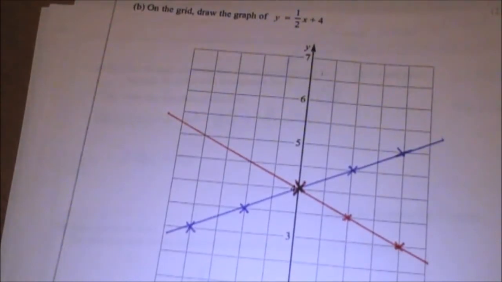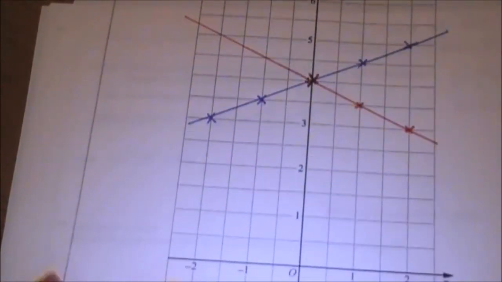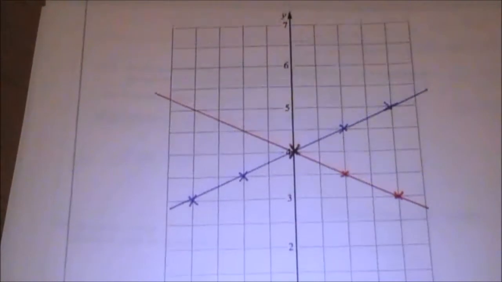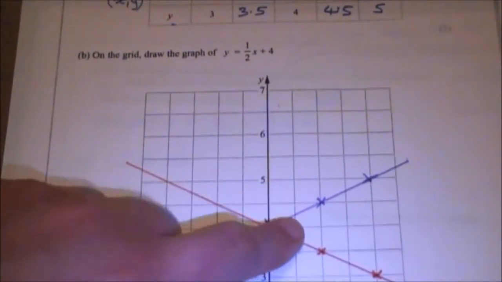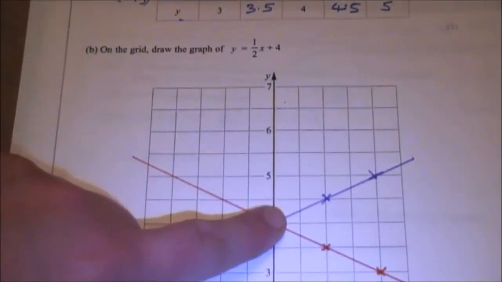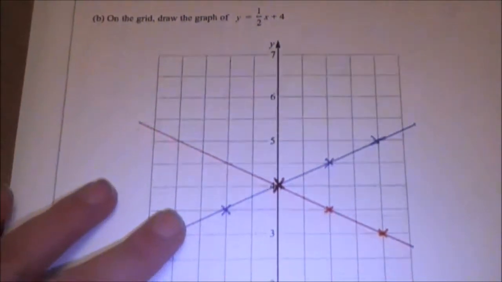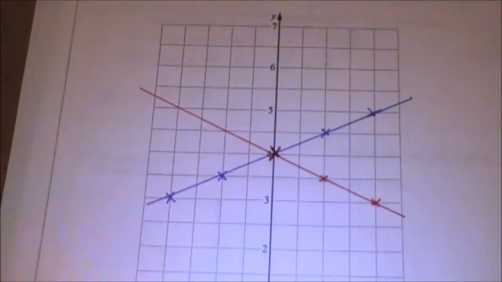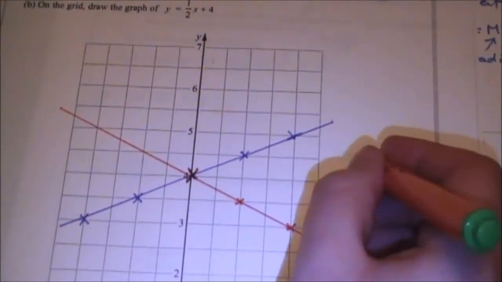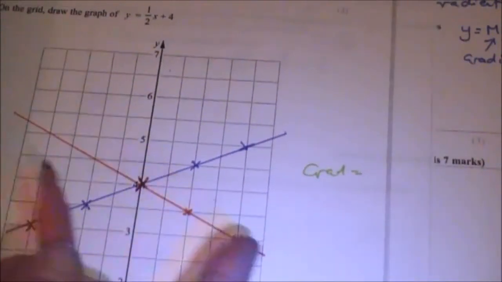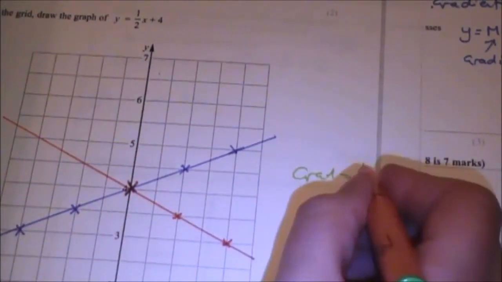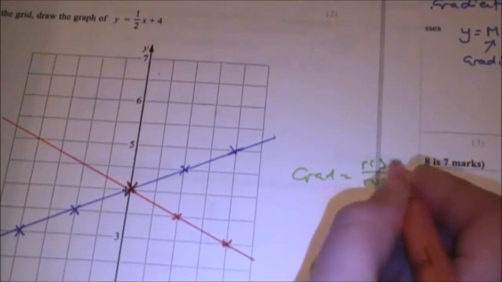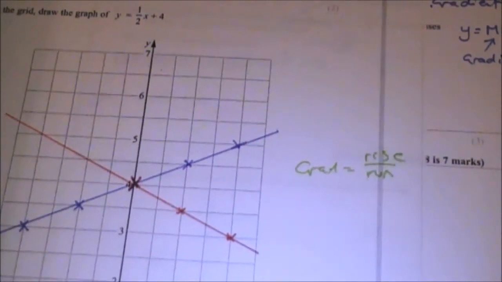Now the whole reason that doesn't work out is because the examiners have been a little bit sneaky with the axis that we're given. Keep in mind that the gradient of the blue line, the original line, was a half. Now the gradient of my new line is -2, so it's going to have to be different to this. Now remembering from the last paper, gradient is the rise over the run, so the change in y over the change in x.